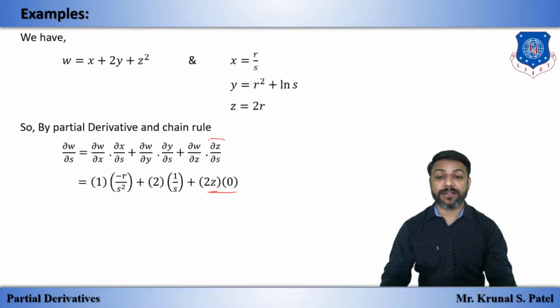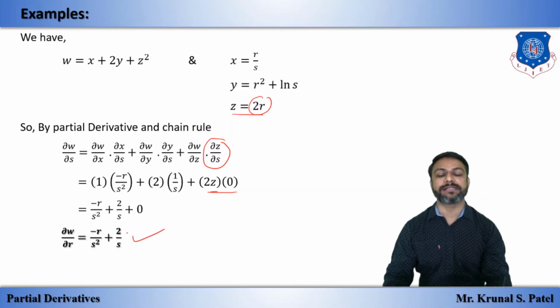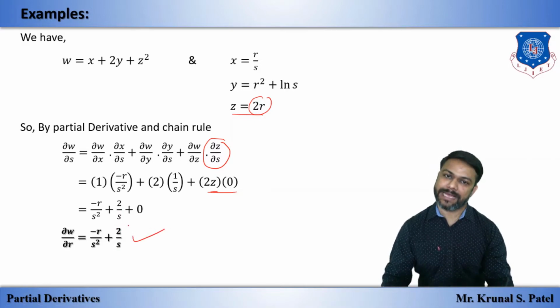Why is this del Z by del S 0? Because Z contains only R, no S. So the differentiation of 2R is 0, a constant. That's why. So we have the final answer, minus R by S square plus 2S. This is our final answer in terms of R and S.